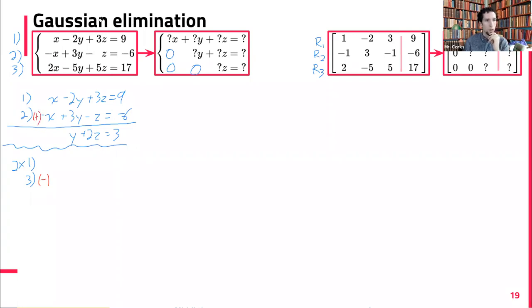All right, and we are subtracting. So 2 times equation 1 is 2x minus 4y plus 6z equals 18. And equation 3, 2x minus 5y plus 5z equals 17. We subtract, and the x's are disappearing again.